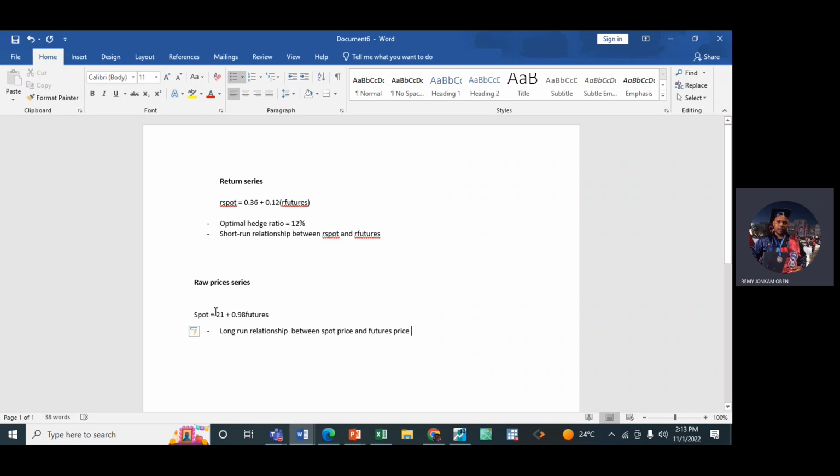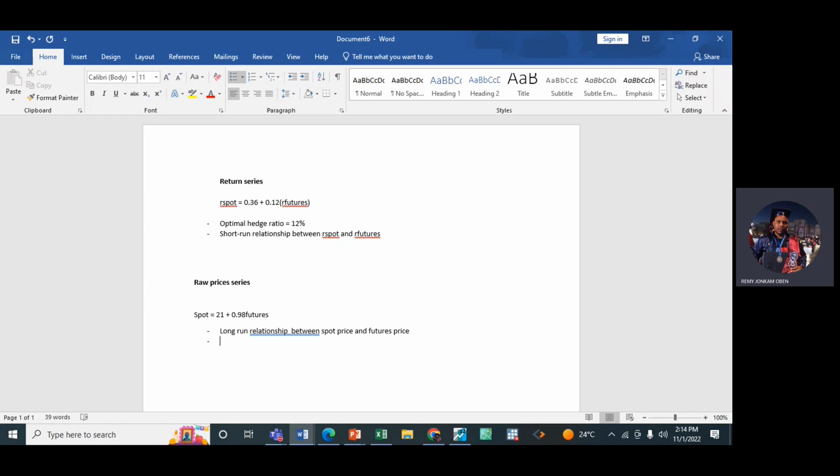What about this constant, guys? 21. Remember, I did not talk about this constant for the return series. We don't care about it. But if you are using the raw price series, this constant tells you something. This 21, the starting price? There is a name we call it because we are working in the derivative market. Normally, the constant tells you what the dependent variable will be if the independent variable is eliminated.